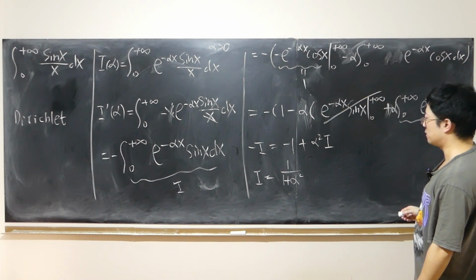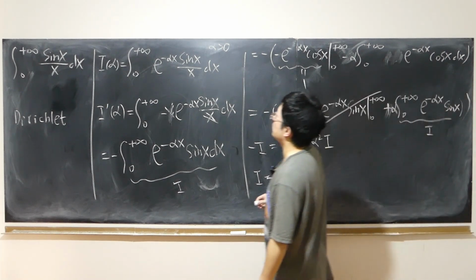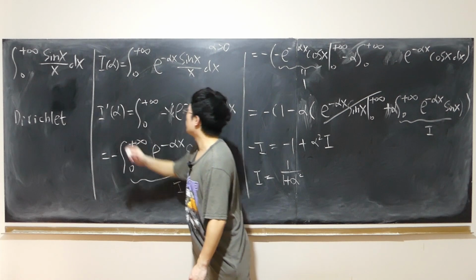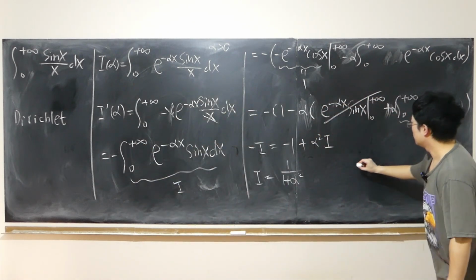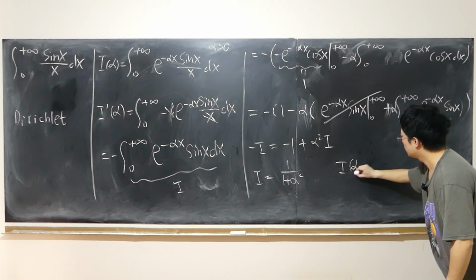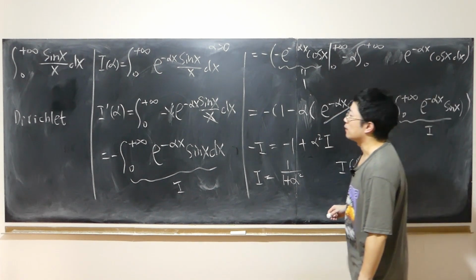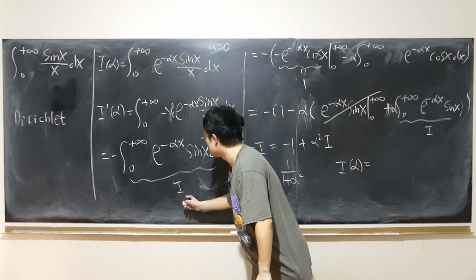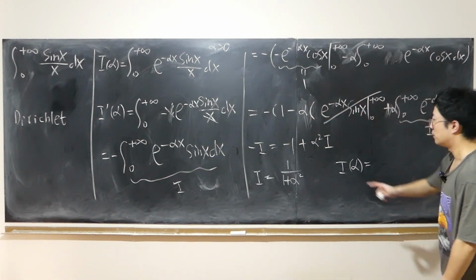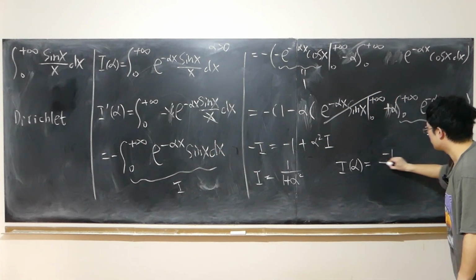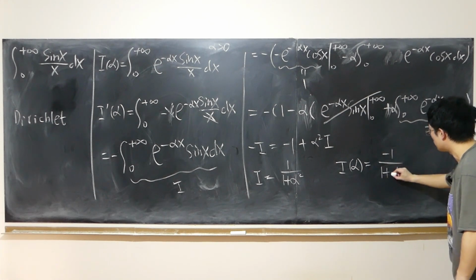Right, so that means I of alpha is in fact equal to negative 1 over 1 plus alpha squared.